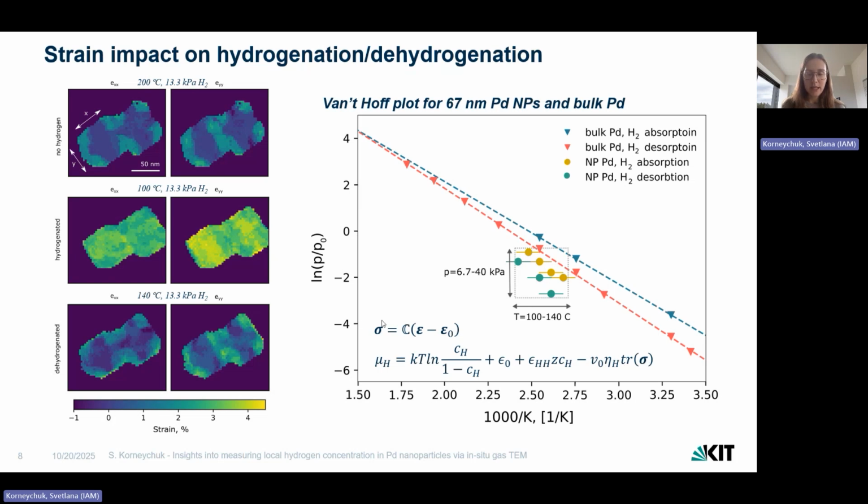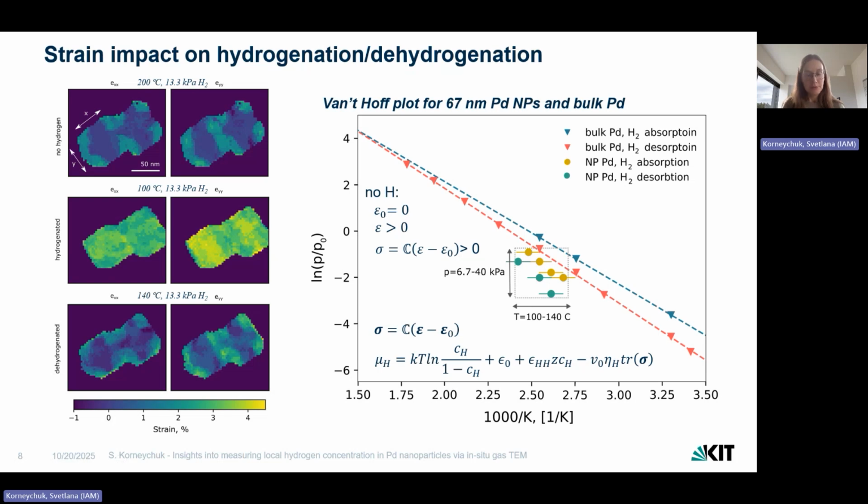And the stress could be linked to the elastic strain epsilon and epsilon 0. So epsilon is the initial strain in the nanoparticle, and epsilon 0 is the strain induced by hydrogen.